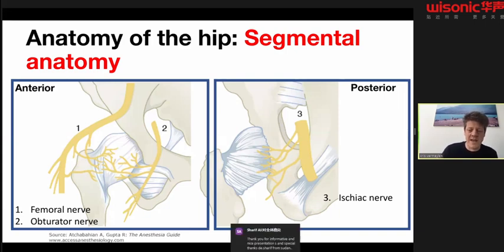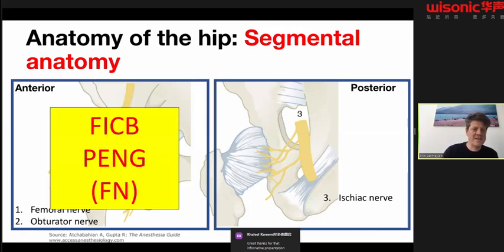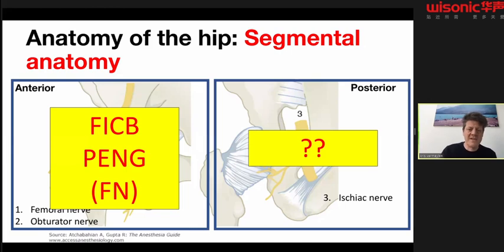Indeed, if the pain is anterior, it's important to have an anterior approach for most things, and you can use a Fascia or the Peng block, but you also need something for the posterior part as well.